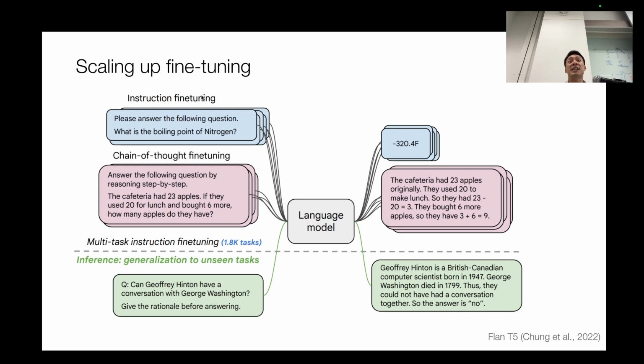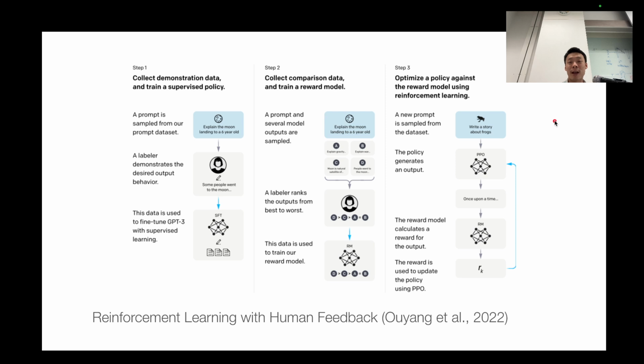So when it sees an unseen prompt, unseen task, it can perform that too. So when we use ChatGPT, it seems like it can do all things. It's because it's an emerging property from supervised fine tuning, which is amazing. And this all happens so fast too.